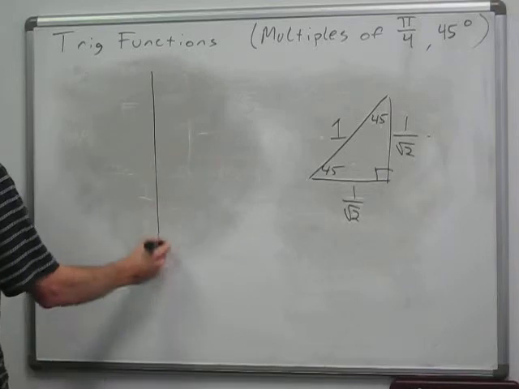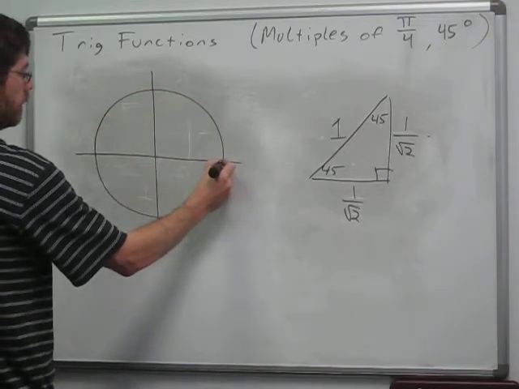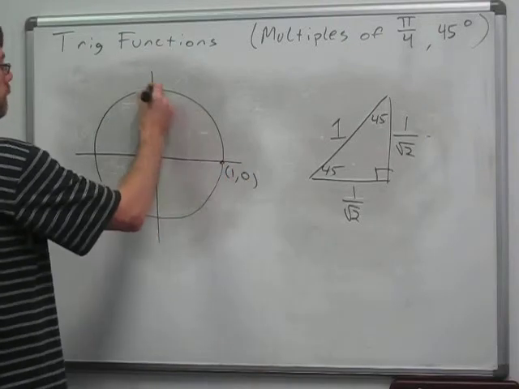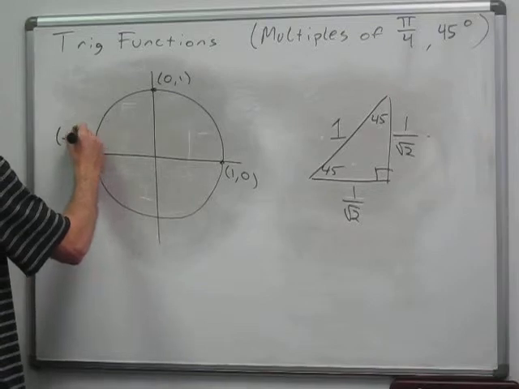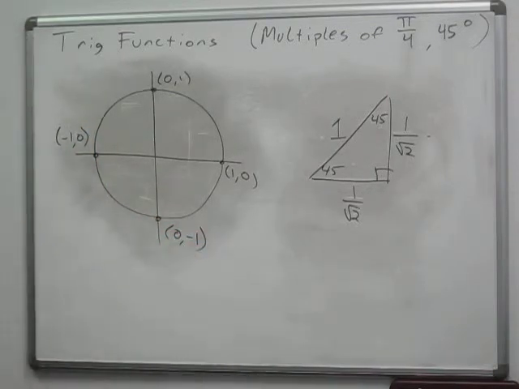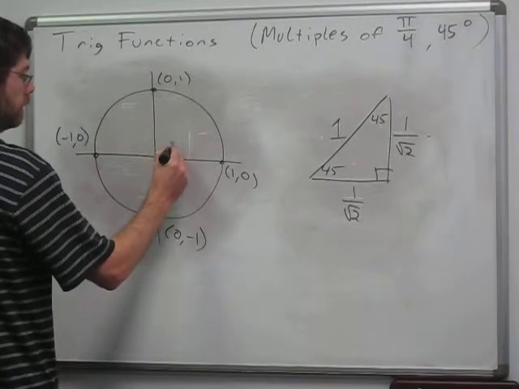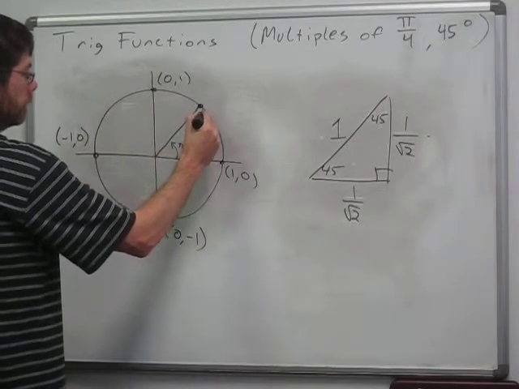Alright. So far in a unit circle, we've talked about the points on the axes. I would like to add 4 more. So let's rotate pi over 4, or 45 degrees.